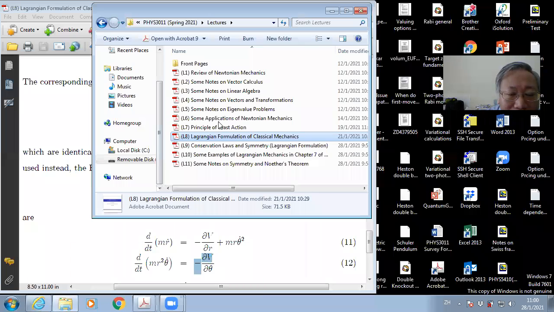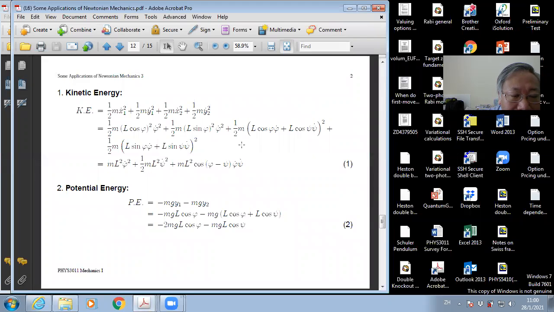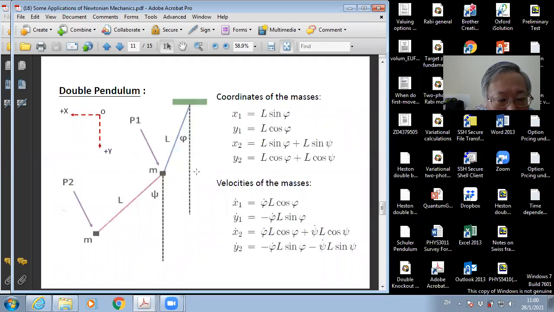On the other hand, if we go back to this double pendulum case, we realize that there exist only two independent variables or two independent coordinates in the system, phi and psi only, right? If we use the Cartesian coordinates to study this system, eventually we realize that two of the four coordinates are redundant, not independent from the other two.